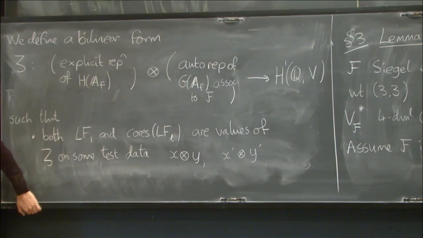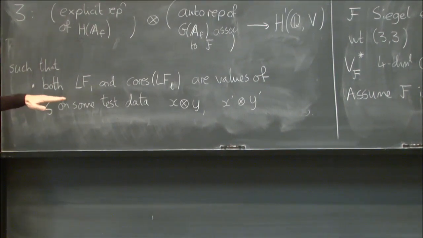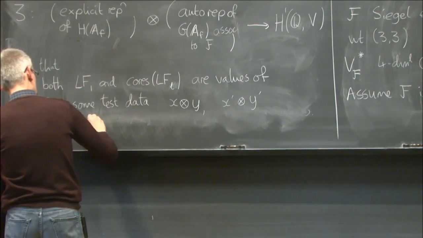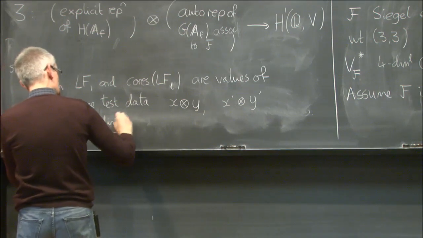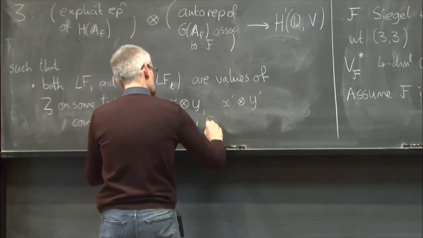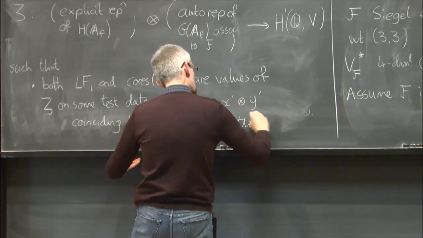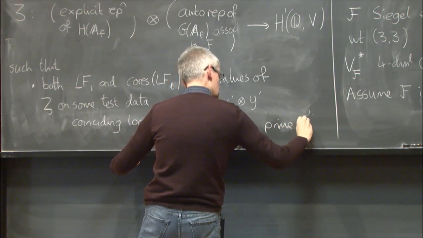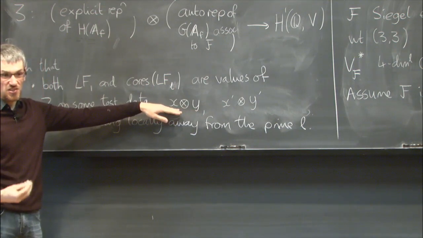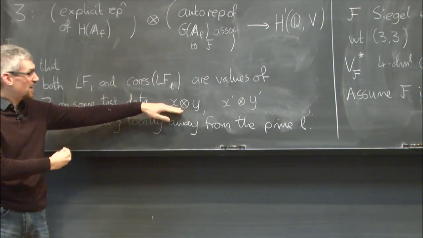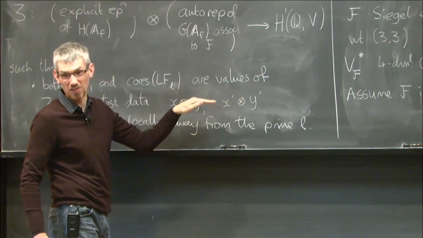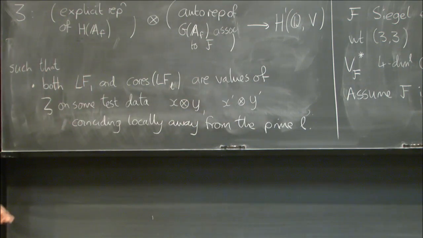And the point is that these are identical away from the prime L. So x is the spherical vector, well, sorry, it's the new vector everywhere, as is y, and this is something slightly more complicated at L, but it's the simplest possible vector at all of the other primes. And we want to compare those.